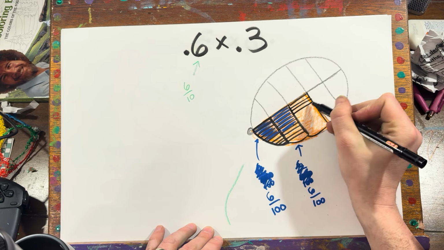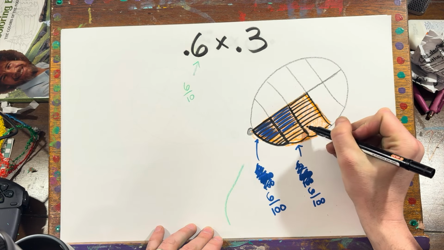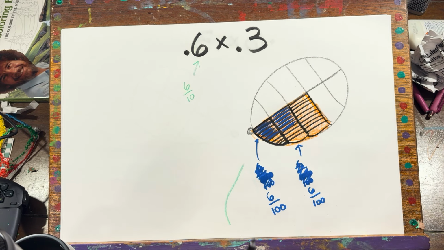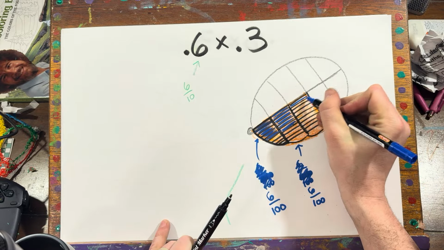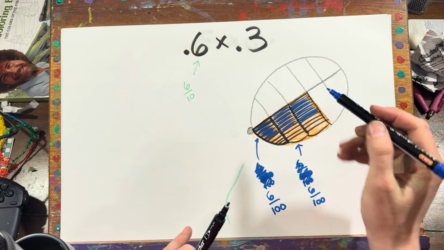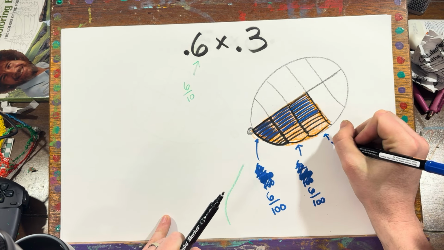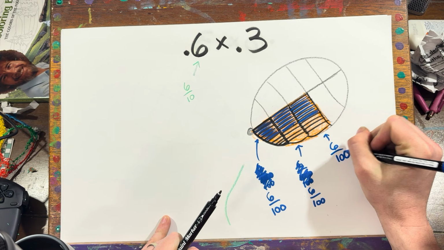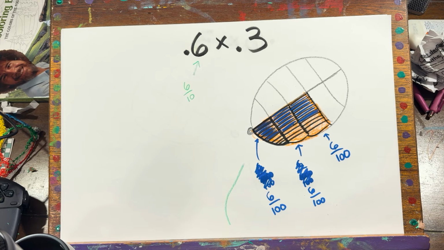So I'm going to take this and break it into 10 pieces. 1, 2, 3, 4, 5, 6, 7, 8, 9, and 10. I'm going to color in 6 of them. 1, 2, 3, 4, 5, 6. That is 6/100ths of a flower. And now, all together, I have 6, 12, 18/100ths.